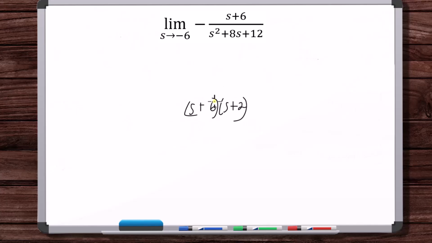So, okay, what you've got is, this comes out to you have 1 over s. Okay, so all this function is, is minus 1 over s plus 2, but you just put a hole in the graph at s is equal to minus 6. And so what's the limit going to be equal to?